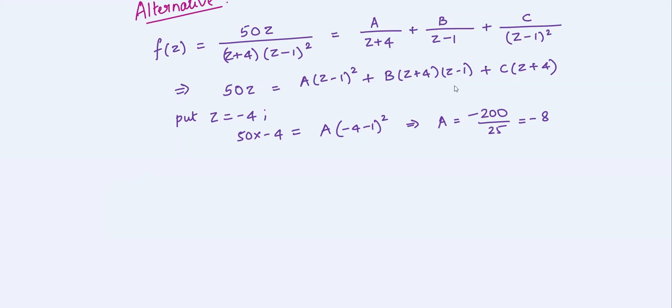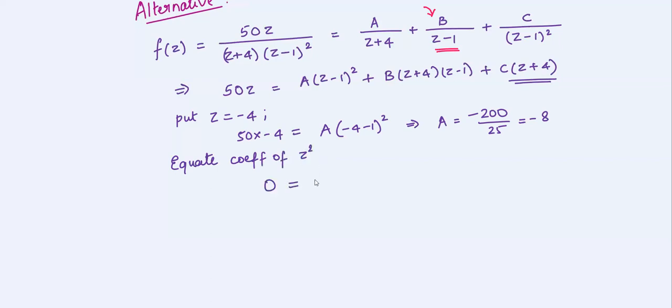Now, my target is only one. I will not find out all. My target is to find B because B is the residue at z equal to 1. So equate the coefficient of z square.